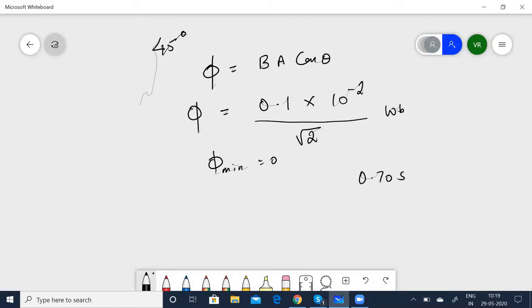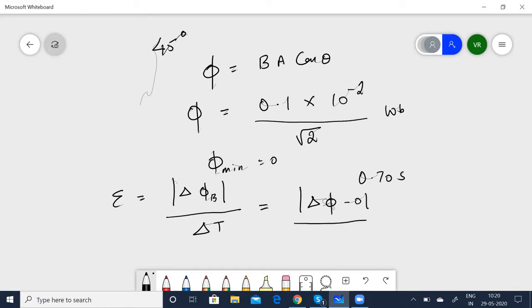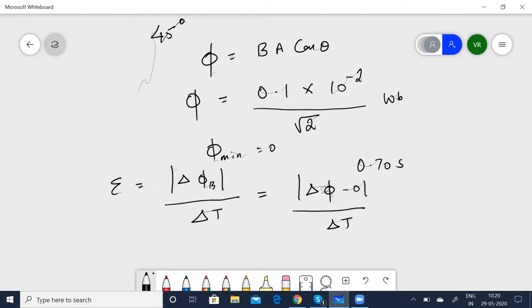0.70 seconds. Okay. So the magnitude of the induced EMF is given by E is equal to modulus of delta phi B divided by delta T, or this is equal to modulus of delta phi minus 0 divided by delta T. Now substitute the values.